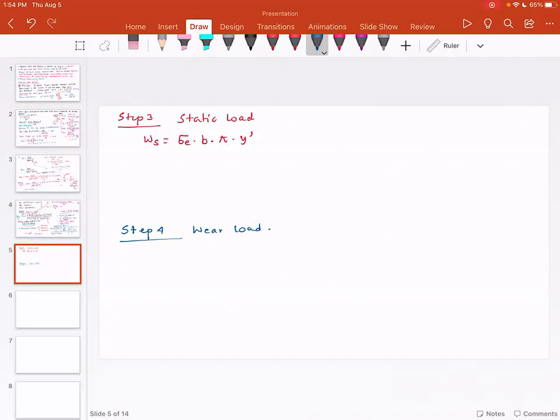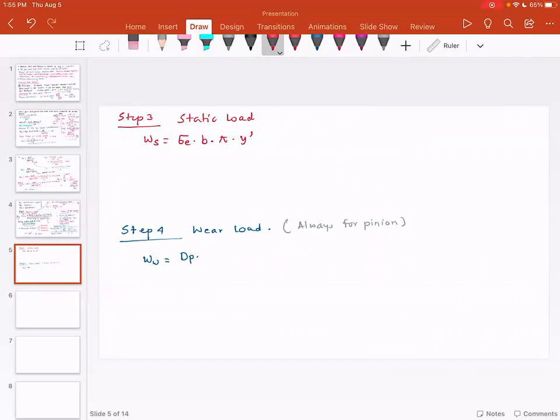The wear load equation for the helical gear is WW is equal to dP. Please note, wear load is always found out for pinion.